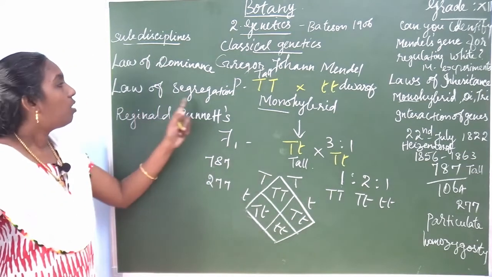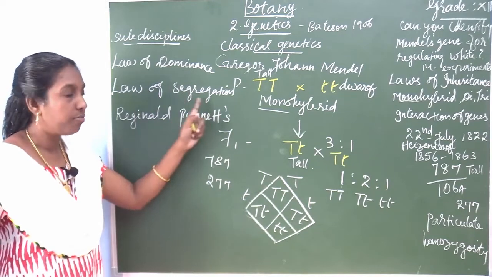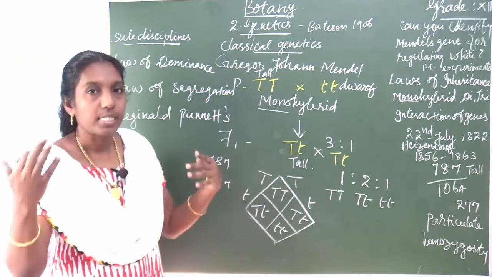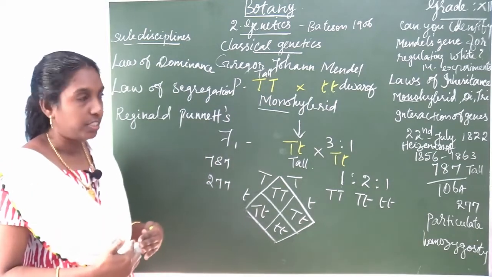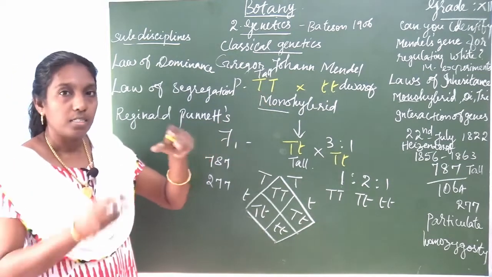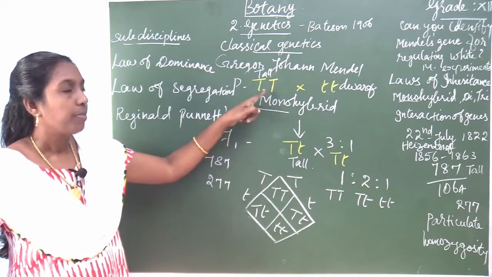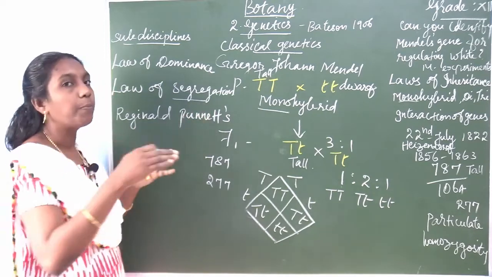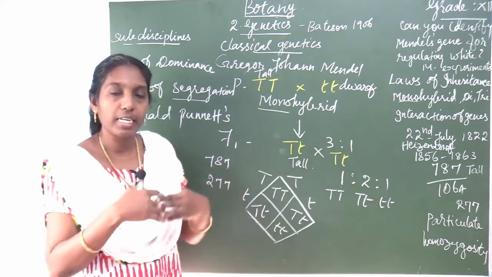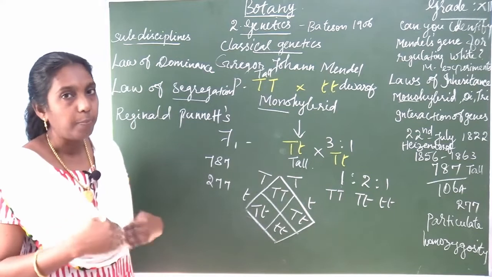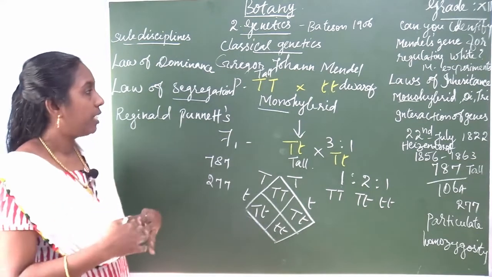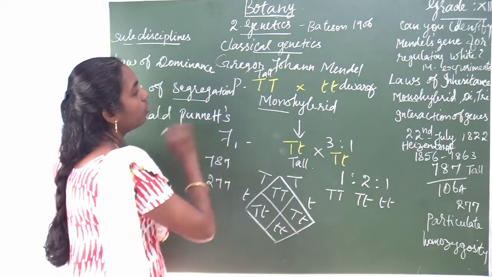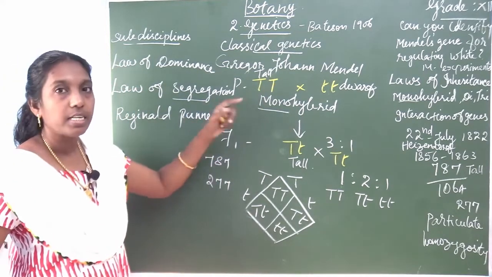So, the law of segregation. Under this law, the gametes separate at the time of gamete formation from the alleles. Segregate means separate. There is no blending among the characters. The traits never blend, the alleles never blend. At the time of gamete formation, the alleles are represented in pairs.